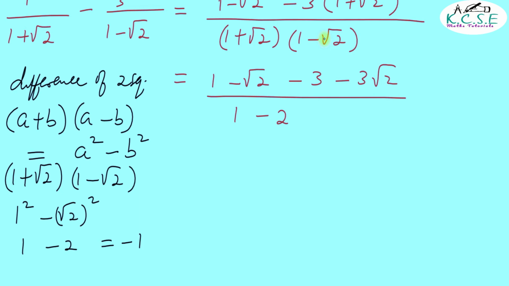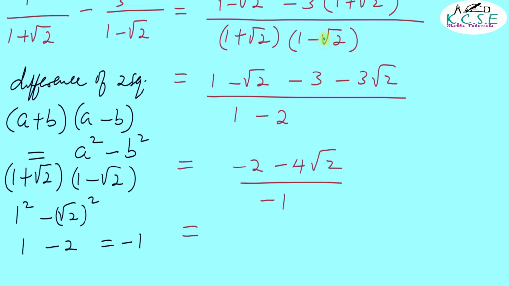Now once we get that, we can work out 1 minus 3, that is minus 2, minus root 2 minus 3 root 2, that gives negative 4 root 2, everything divided by negative 1.